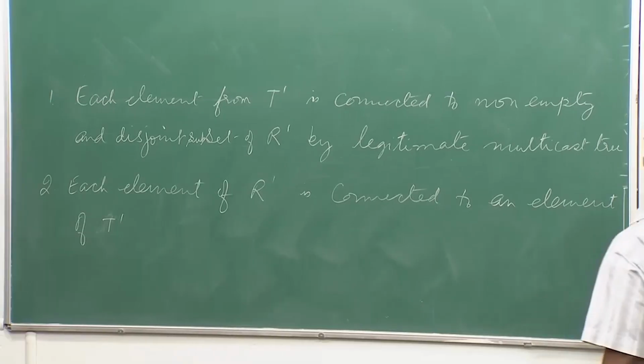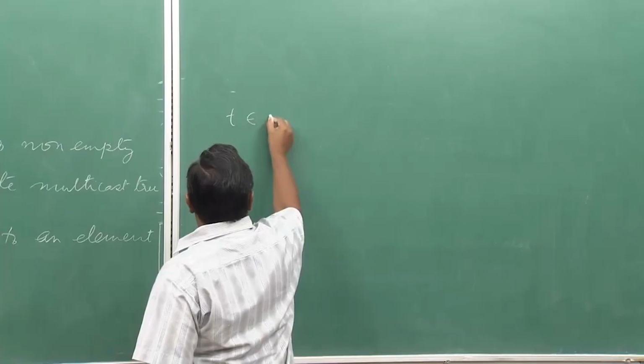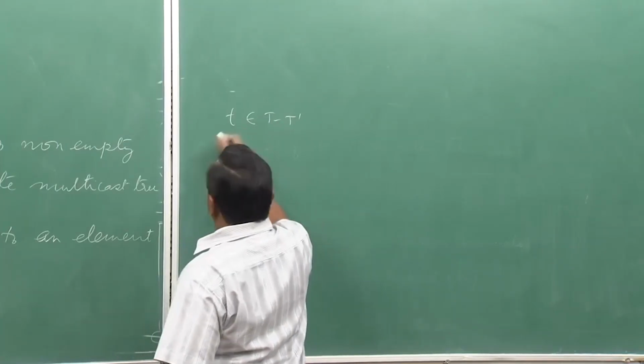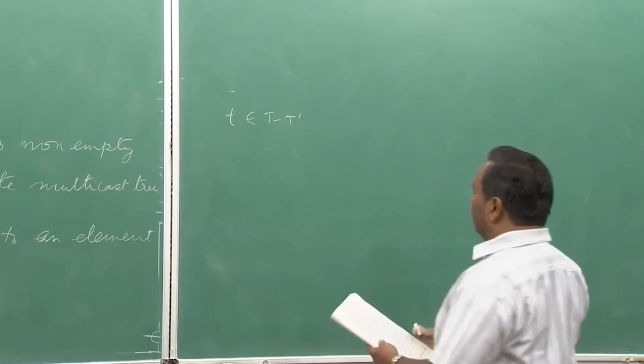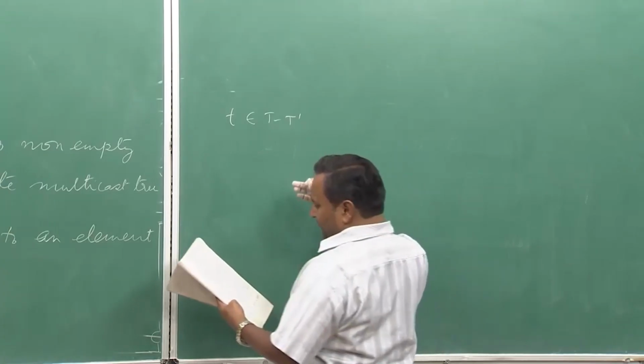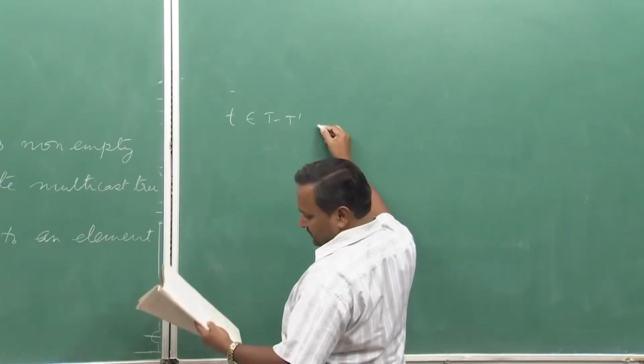Now, t which belongs to T minus T prime, this is a free port, one free port which I identify as t. T belongs to T minus T prime, the subset of free ports.